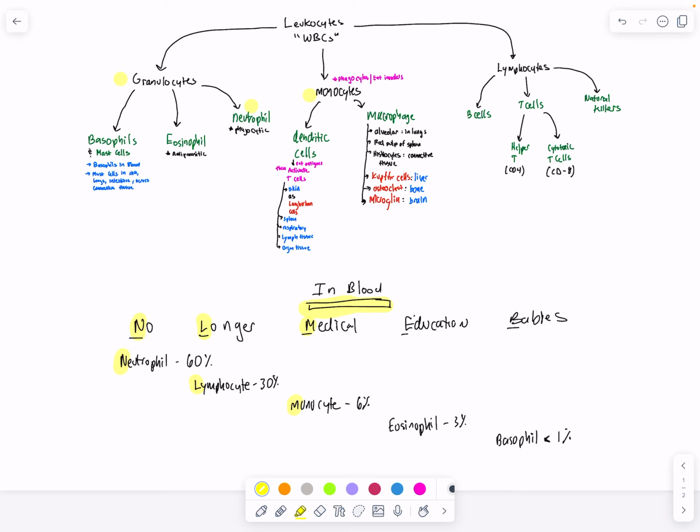Then we have education for eosinophil, one of our granulocytes, and then B for baby, or B for basophil, also a type of granulocyte. So neutrophil 60%, lymphocyte 30%, monocyte 6%, eosinophil 3%, basophil less than 1%.